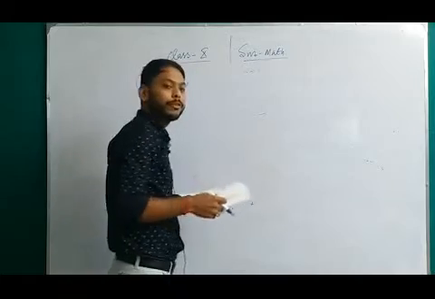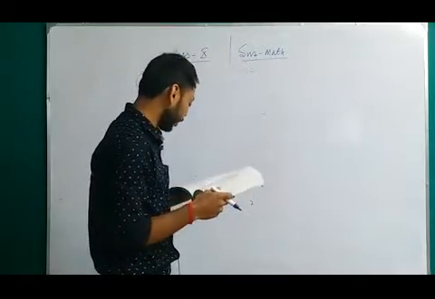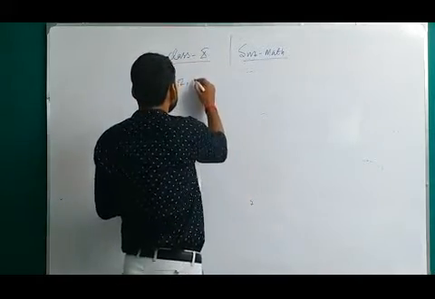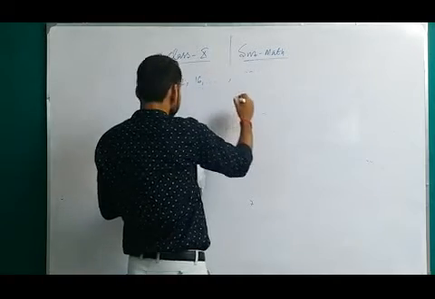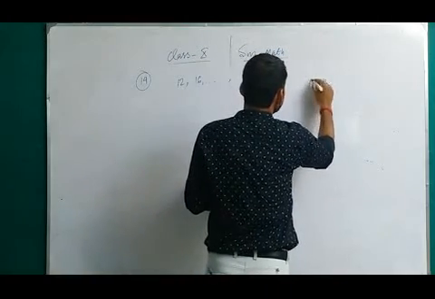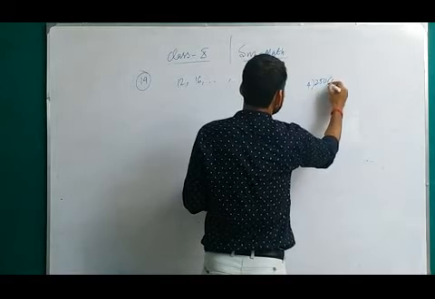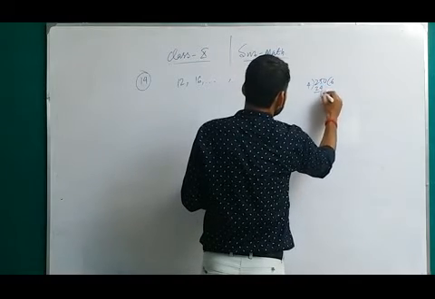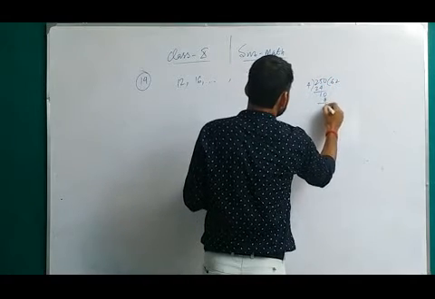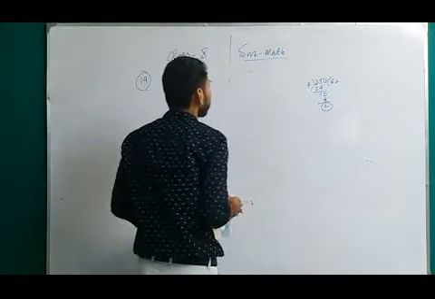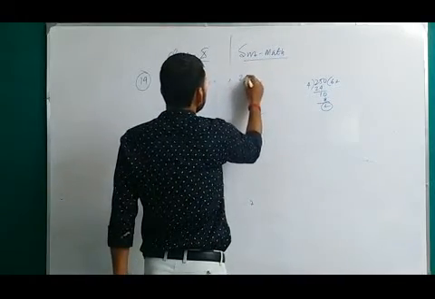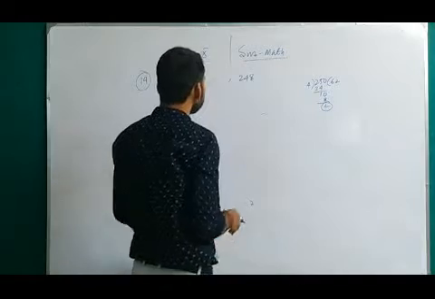So 4 ones are 4, 4 twos are 8, 4 threes are 12. So we start from 12, then 16, and it ends with 250 divided by 4. Two is the remainder, so 2 will be subtracted from 250, so it will be 248. So the last term is 248.